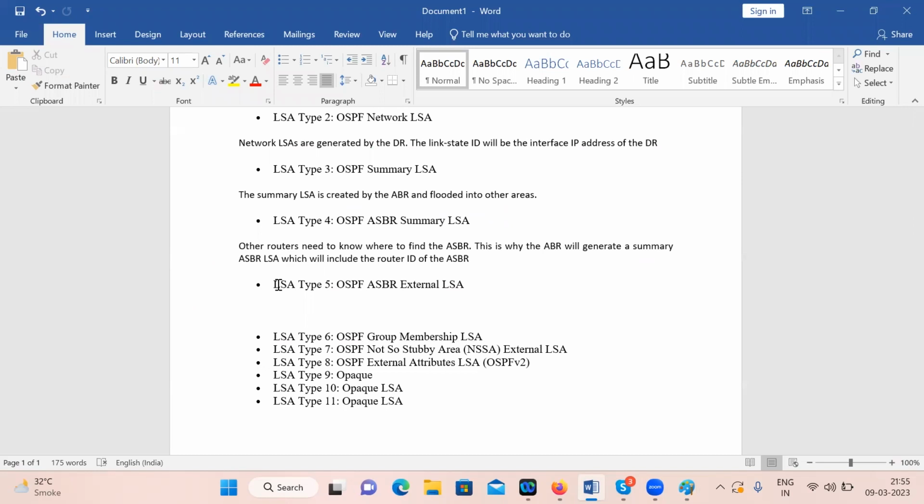It floods the non-OSPF routing information, which I explained just now. This OSPF type 5 LSA is flooded throughout the area only by the ASBR router, meaning this type 5 LSA is only generated by the ASBR router. What will it contain? It will contain the non-OSPF routing information.